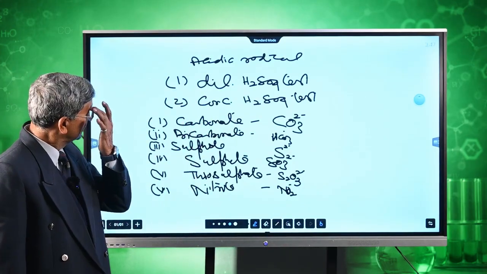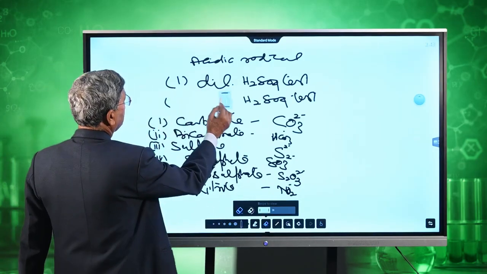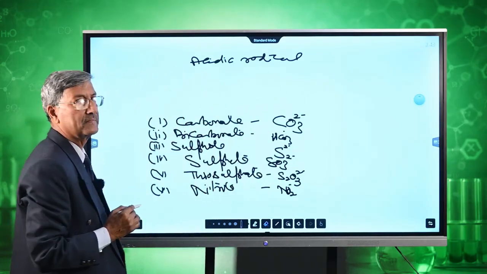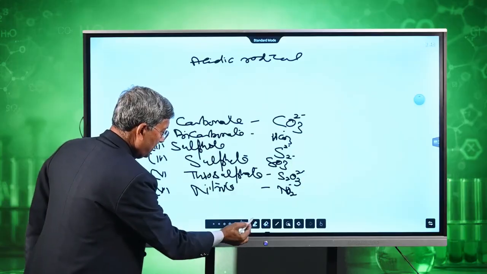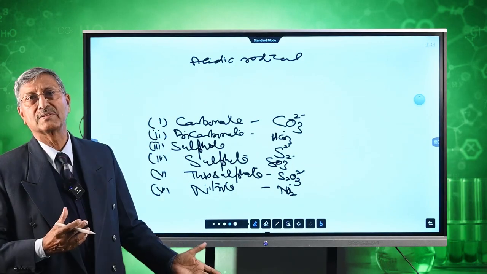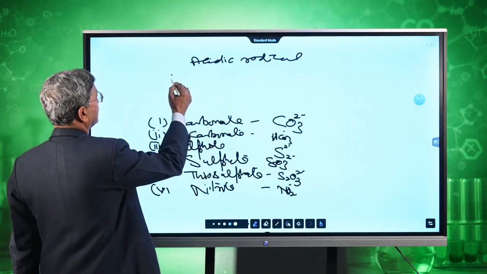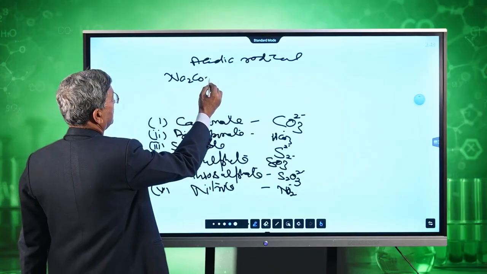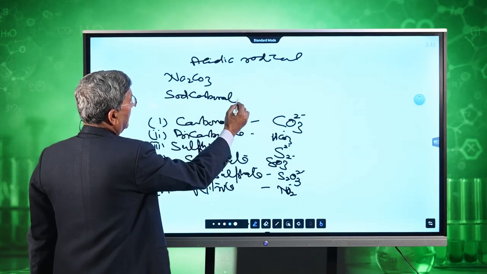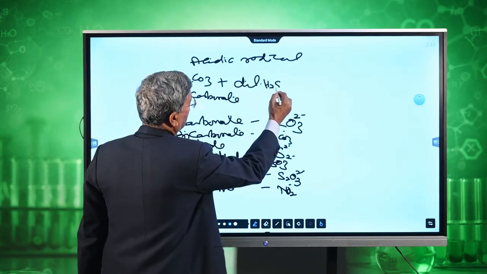So, as I said, the dilute sulfuric acid test is an indicative test. Then, how do we get an indication? Let us take the case of carbonate. We take some carbonate, let us say Na2CO3, that is sodium carbonate, and we treat this with dilute H2SO4.